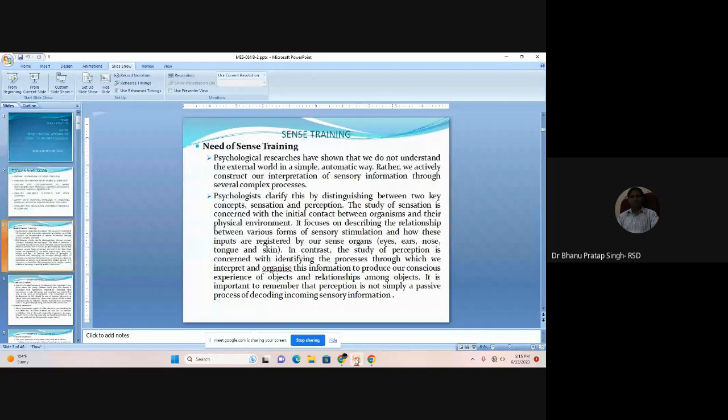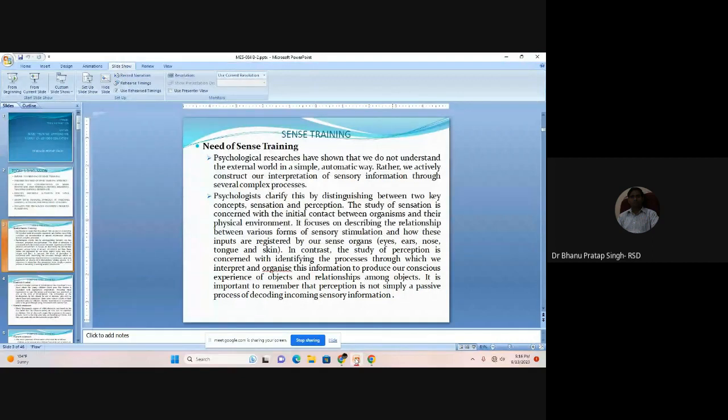Sensation focuses on describing the relationship between various forms of sensory stimulation and how these inputs are registered by our sense organs. Sense organs means your eyes, ears, nose, tongue, and skin. These sense organs first feel by touching, by smelling, by contacting.